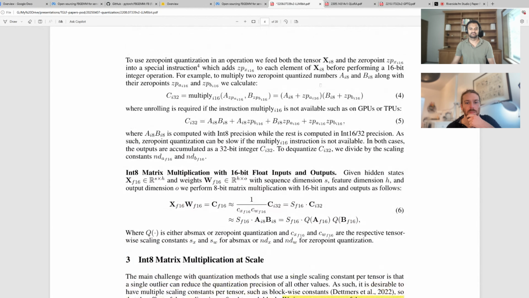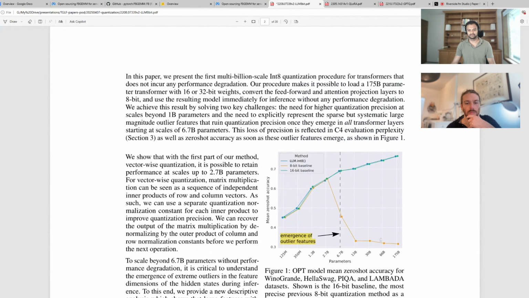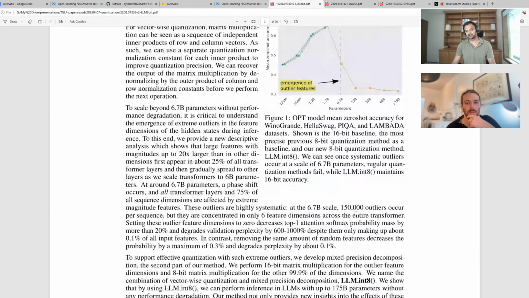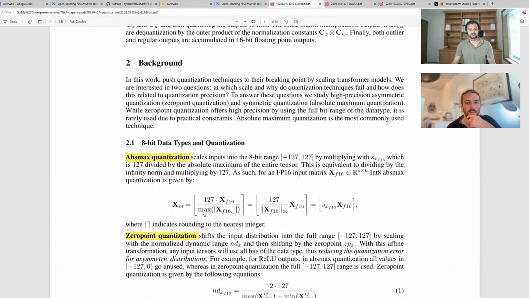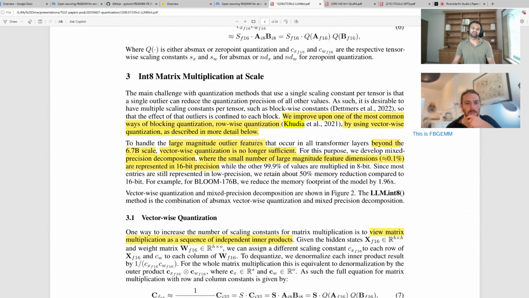As we saw in this figure, when the model size increases, at some point the accuracy of quantized models drops, right? And then they discover this is because there are outlier features. When we have large models, especially at 6.5 billion or larger, they see there are outlier features.